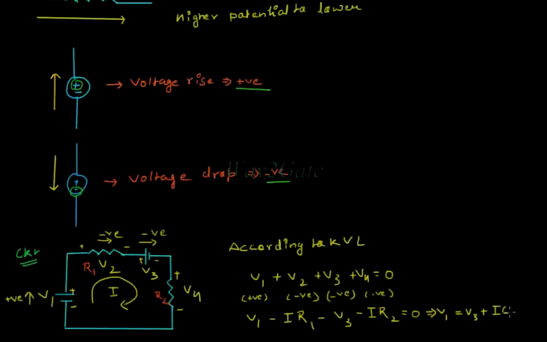That is, voltage rise across V1 is equal to the sum of voltage drops across V2, V3 and V4.